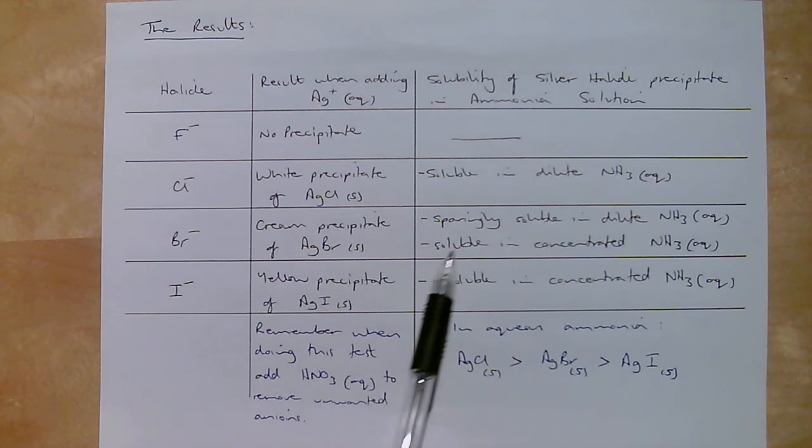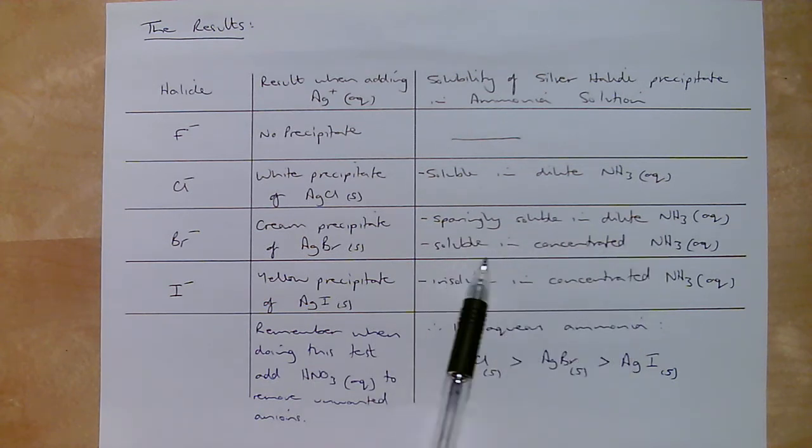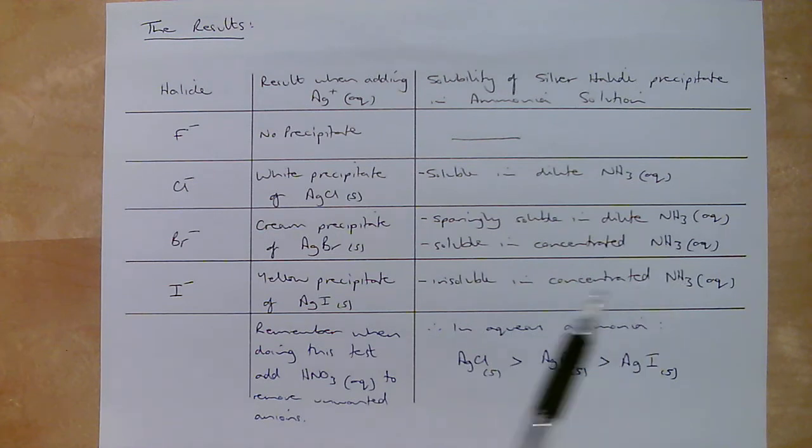Silver bromide is sparingly soluble in dilute ammonia, but it is soluble in concentrated ammonia. And silver iodide is insoluble in concentrated ammonia. So therefore, in aqueous ammonia, the most soluble silver halide is silver chloride, then silver bromide, and silver iodide is insoluble even in concentrated ammonia.